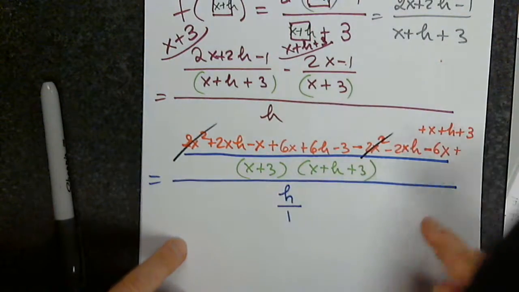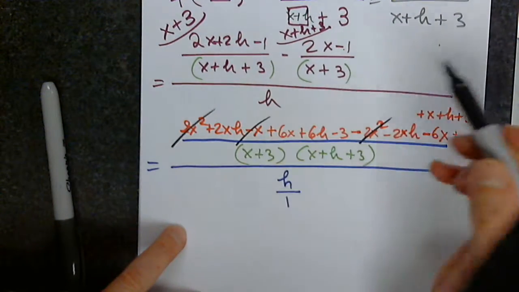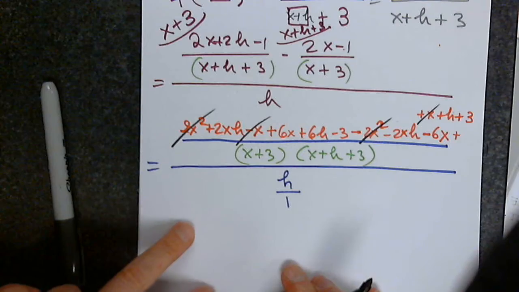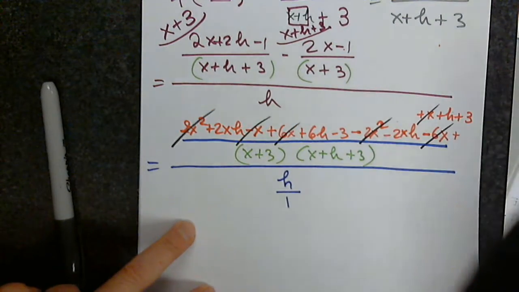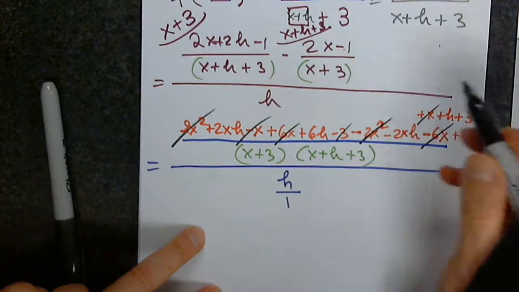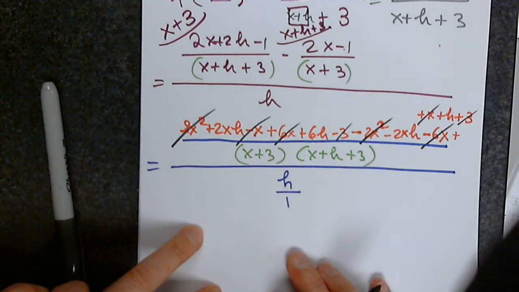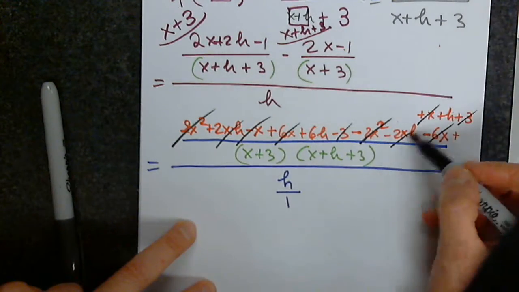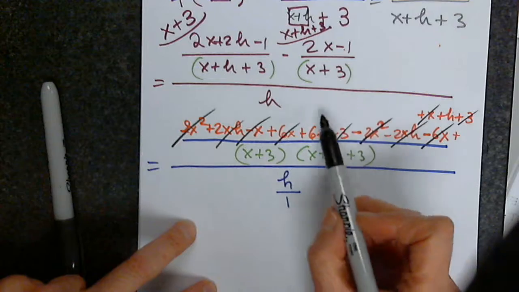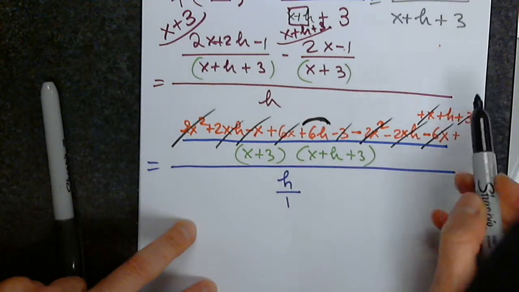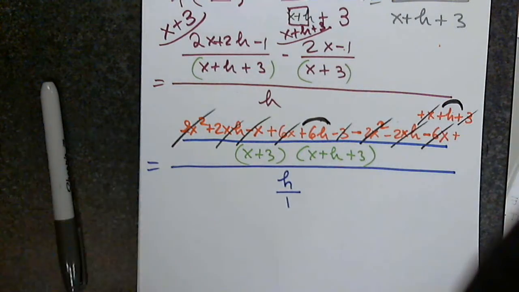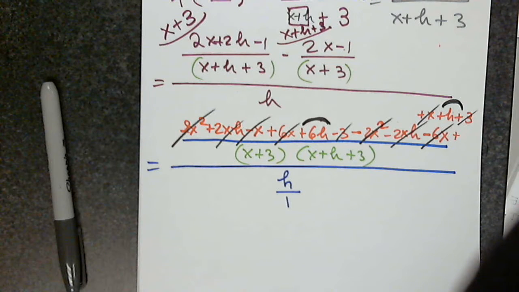2x squared with negative 2x squared. Negative x with positive x. 6x with negative 6x. Negative 3 with positive 3. 2xh with negative 2xh. And look, we are only left with two terms.